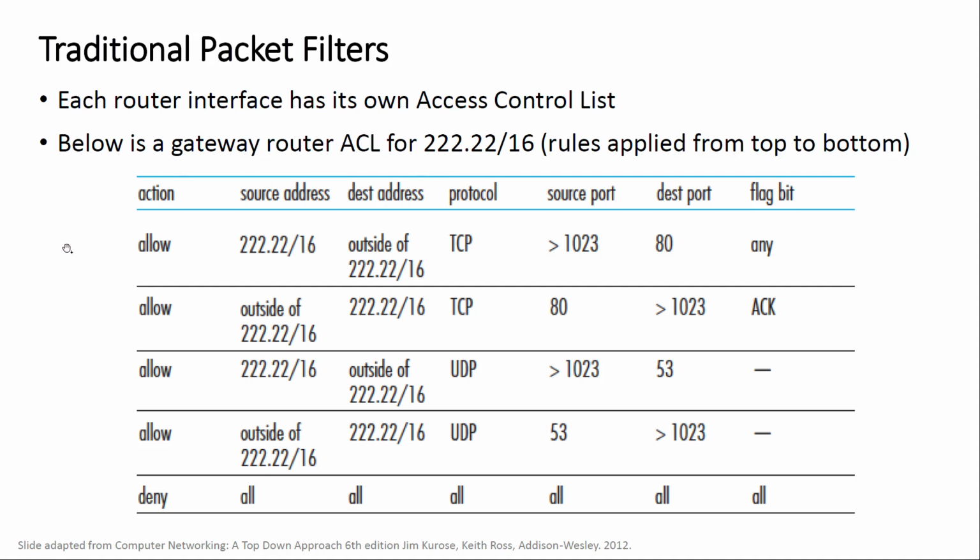Each router interface has its own access control list, and here below is a gateway router access control list for this source address, and rules apply from top to bottom.